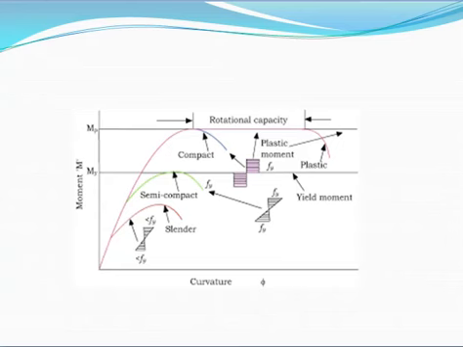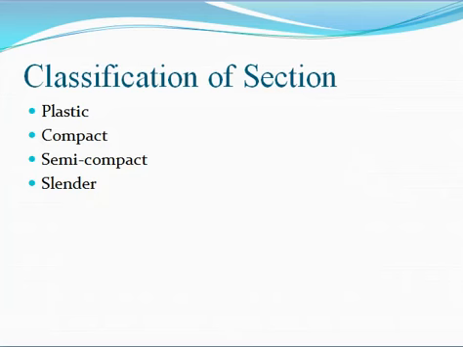Now, the next point. On the basis of the above discussion, there are four classes of the section which are given. What are the four classes? These are plastic, compact, semi-compact and slender. Now see the first one, that is plastic, and this is under class 1.